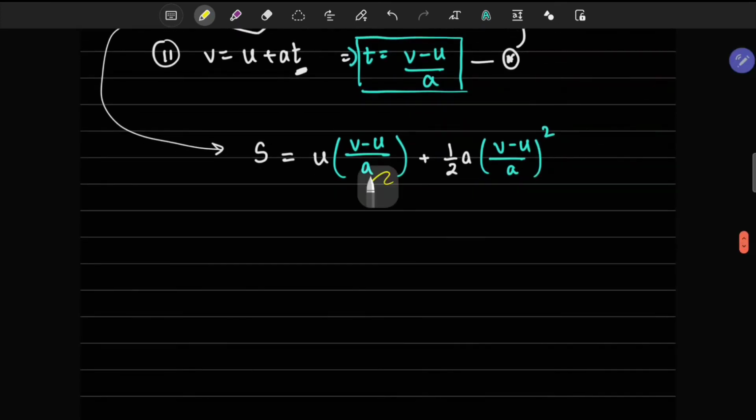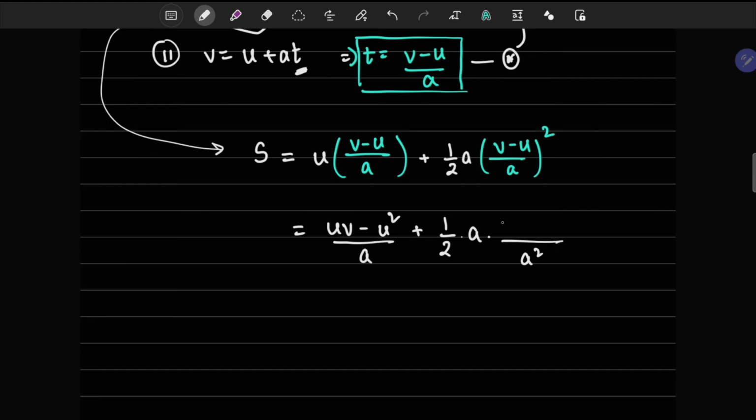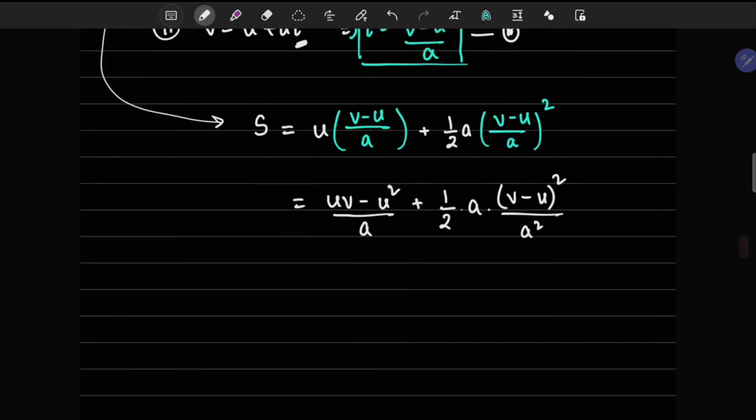Alright, we just do some simple algebra, so we get uv minus u squared over a plus half times a over a squared, and inside the bracket goes v minus u whole squared.